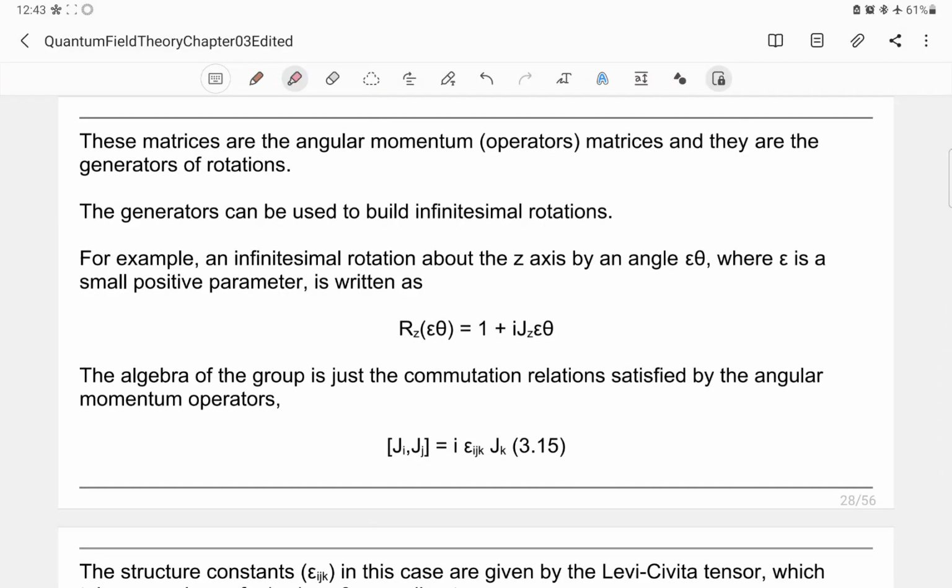These matrices are the angular momentum operators, and they are generators of rotation. They can build infinitesimal rotations.